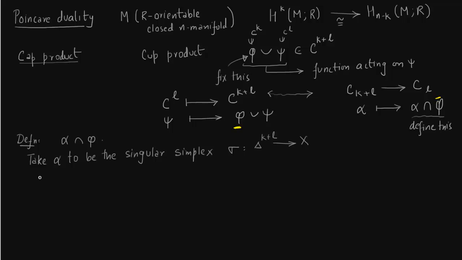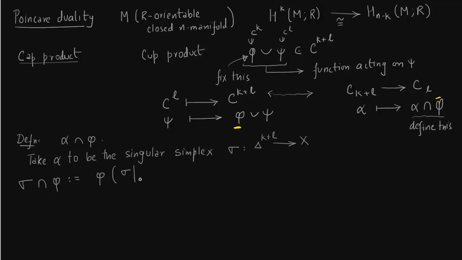Now let us define the cap product. Instead of alpha we are going to write sigma; alpha and sigma are used interchangeably because alpha is represented by sigma. So this is the definition.